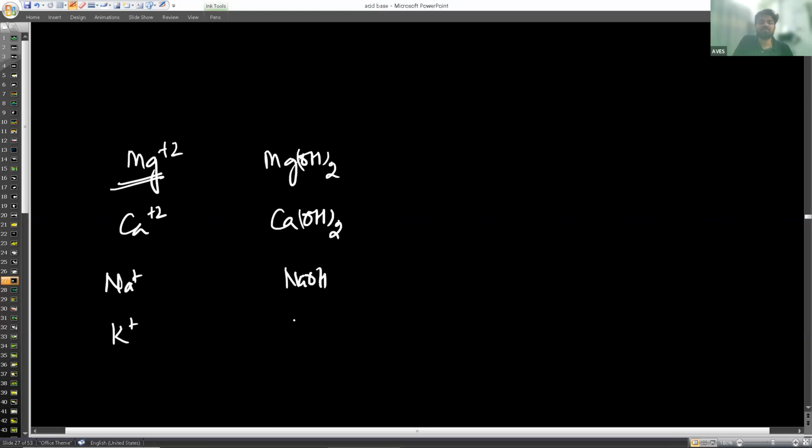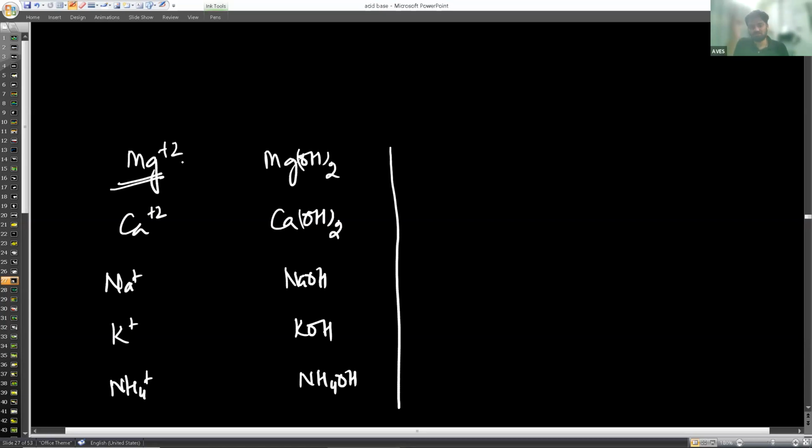A potassium ion comes from potassium hydroxide. If you have an ammonium ion, it comes from ammonium hydroxide. You need to memorize where the ions come from.